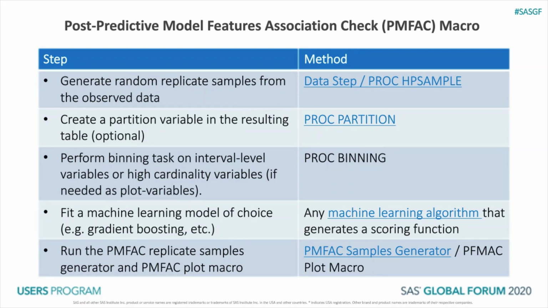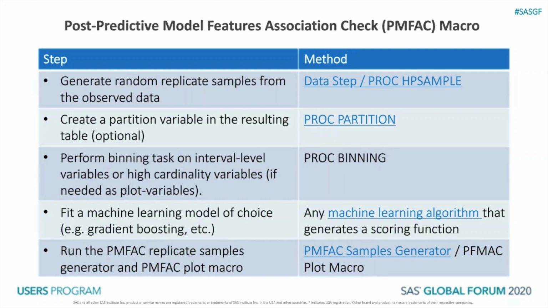So the steps for computing this macro are listed. First, there is a need to create the random replicate sample of the observed data, and this can be done using data step or use proc HP sample to generate the replicate sample. The next step is to create a partition variable, especially if there's a need to validate the results generated from a training sample.